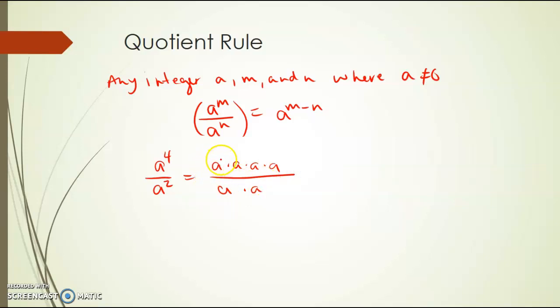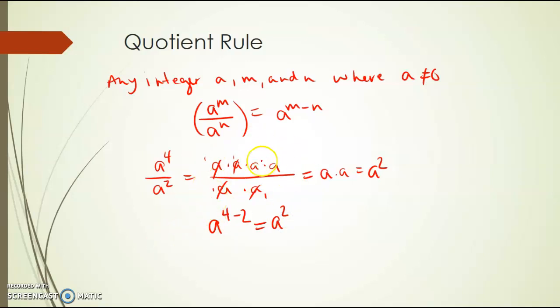Here, these would each become a 1, and we would be left with a times a, which is the same as a squared. That is the same as doing a to the 4 minus 2, which gives us a squared. That's the reason why.